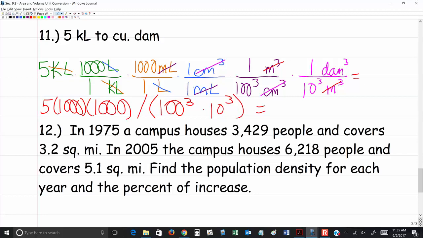I'll give you my answer, which gives me 0.005 cubic decameters.